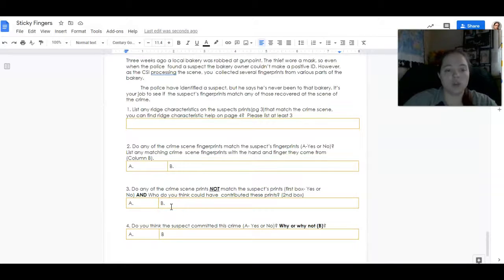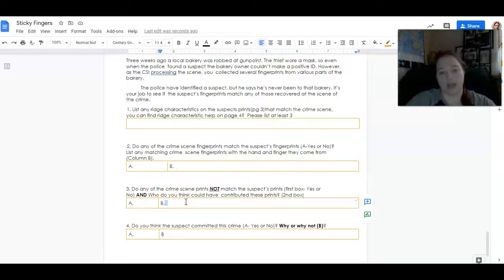Number 2, do any of the crime scene fingerprints match the suspect prints? You're just going to write yes or no in this box. And then you're going to list any of them that match with the finger they match. Next one, do any of the crime scenes not match the suspect's prints? Yes or no? Then over here you would list them.